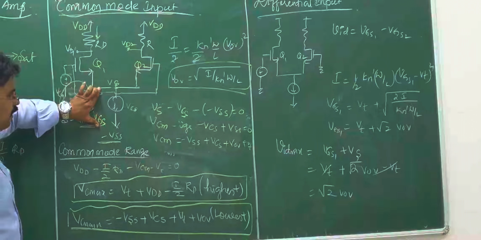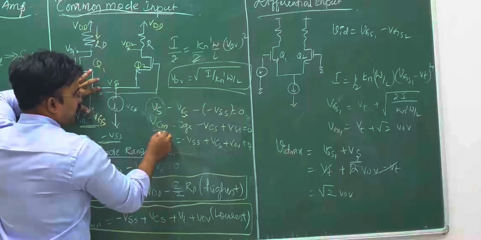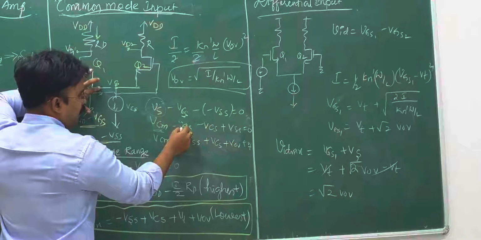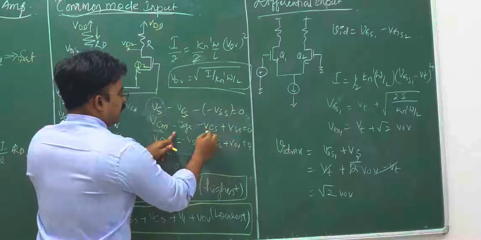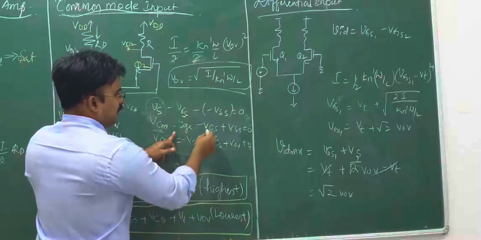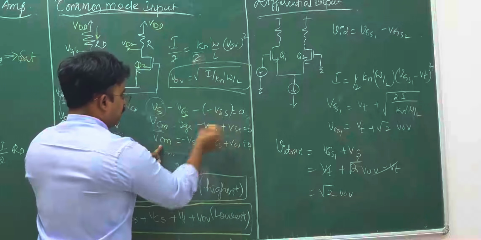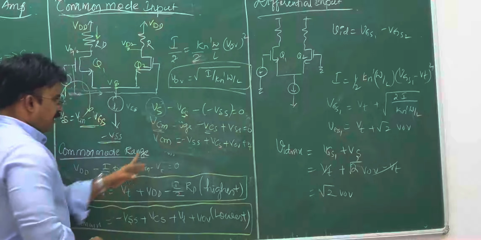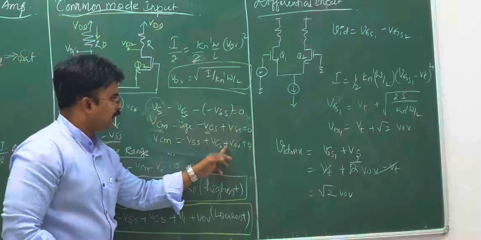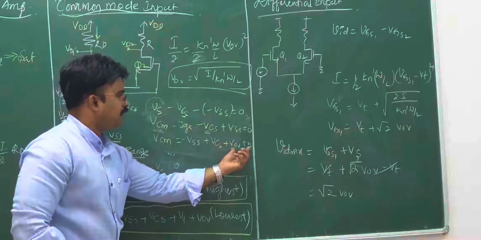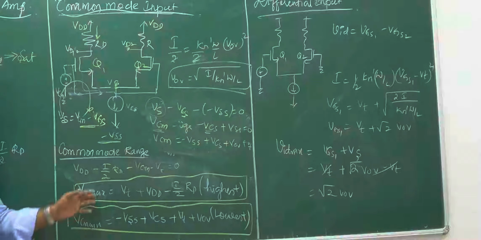Now the Vs voltage is nothing but VCM minus VGS, and the voltage across the current source is nothing but minus VCS. So minus of minus can change to a plus term. Simplifying this, I get VCM is nothing but minus VSS plus VCS plus VGS, which is replaced with V overdrive plus VT. So that is the VCM minimum and maximum value.